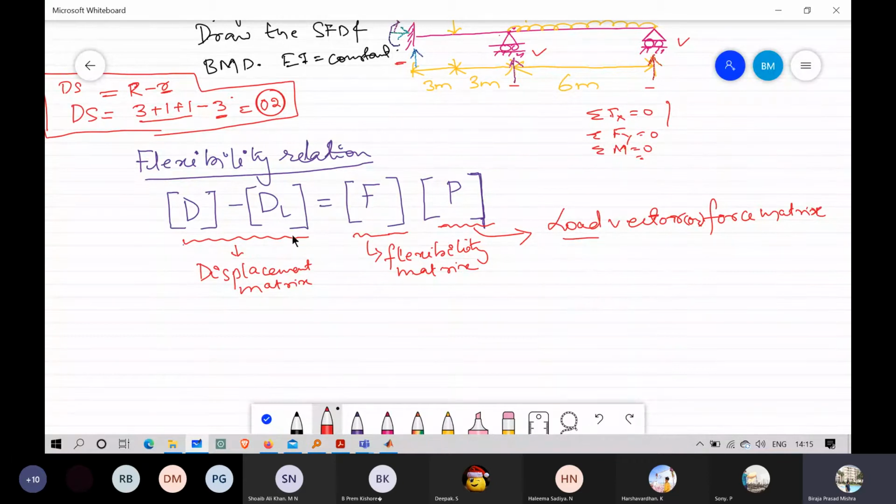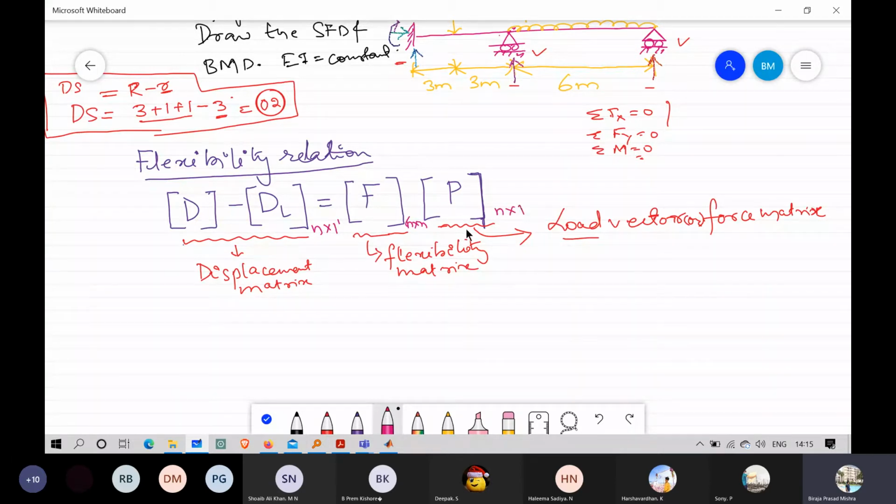Now you may ask, sir, what is the size of these matrices? The size of this one will be n cross 1. This is n cross n, and this will again be n cross 1.